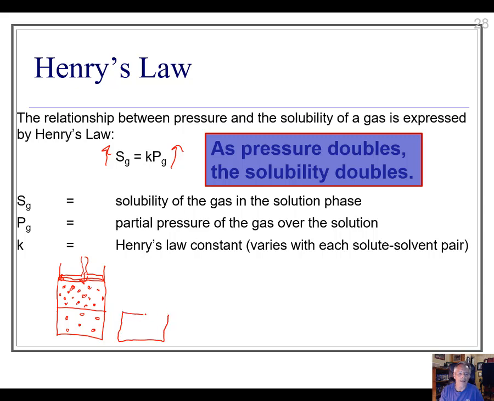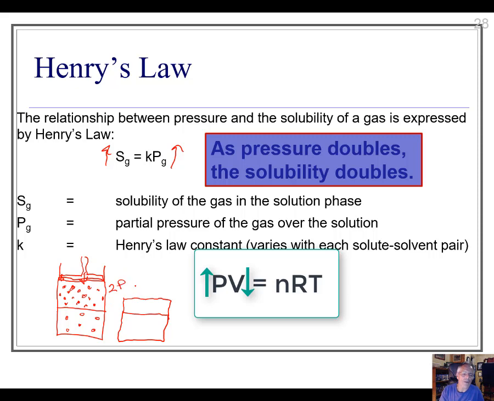Okay, so that's going to be the same, but I'm going to cut my volume in half. Now, I started out, well, actually, this looks like there's 6 in there. What I did was I cut the volume in half, and so what I did, if you remember the ideal gas law, I 2 times the pressure above, the partial pressure above the surface.